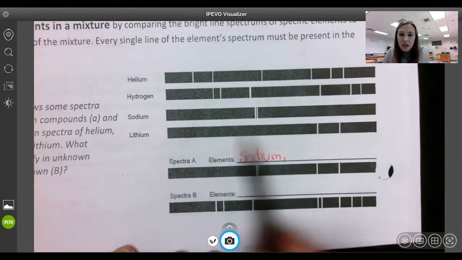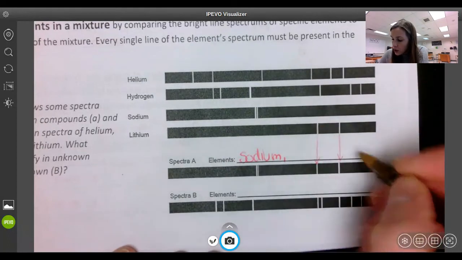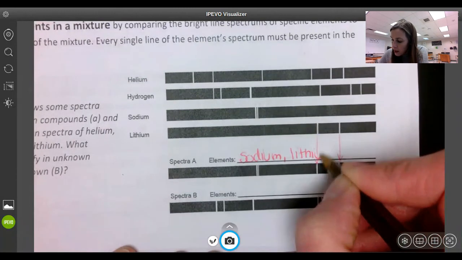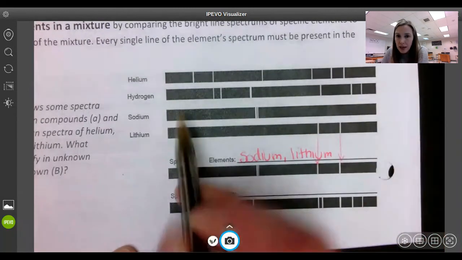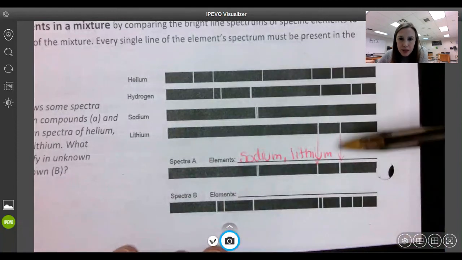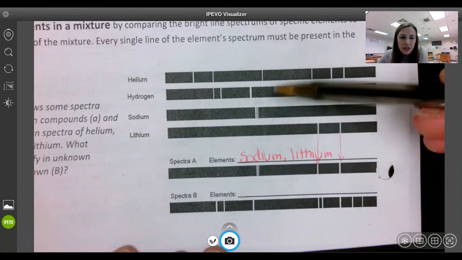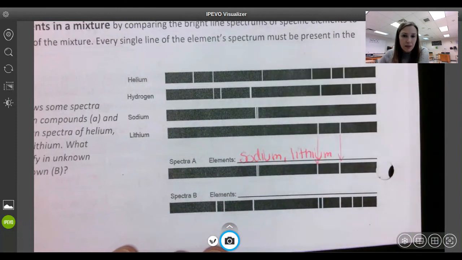Lithium doesn't have any other lines, so as long as it has every possible line in it, which it does in this case, lithium must be in that mixture. Okay, and then I don't see enough of these lines. Like you might see that, oh, maybe this line from helium is in there, but this one isn't. And as soon as there is a line that's not there, it can't be in the mixture.